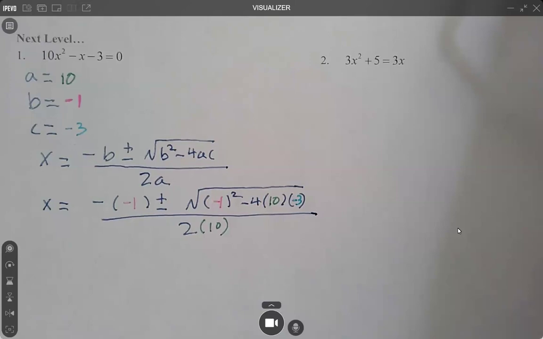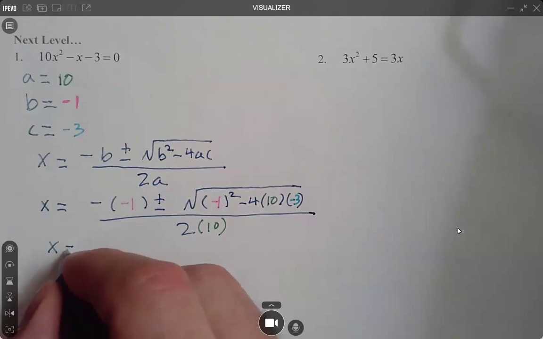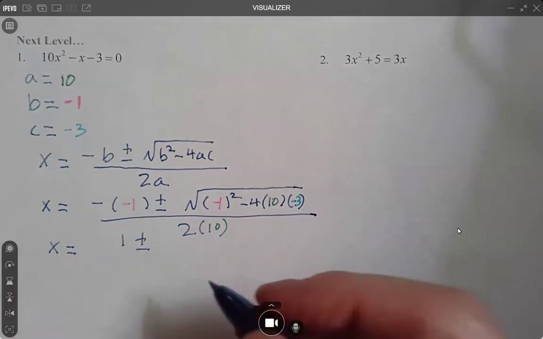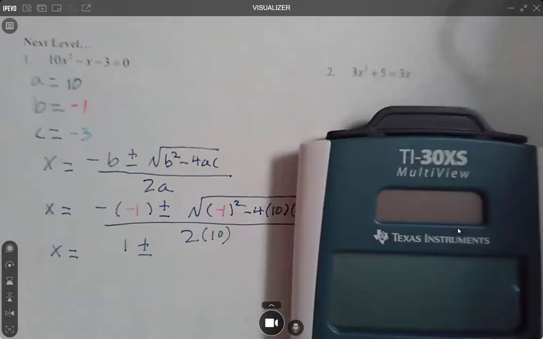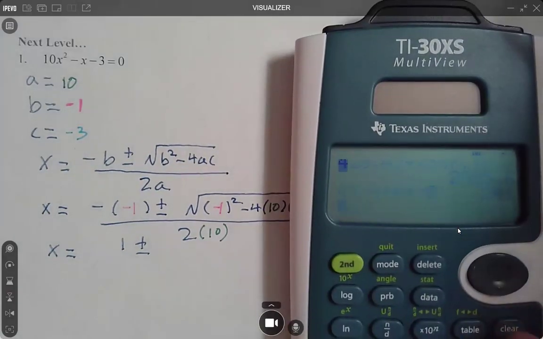So let's see if we can start simplifying this. So it'd be x equals, the opposite of negative 1 is 1, plus or minus. Let's get that number under the square root. So we pull out a calculator.